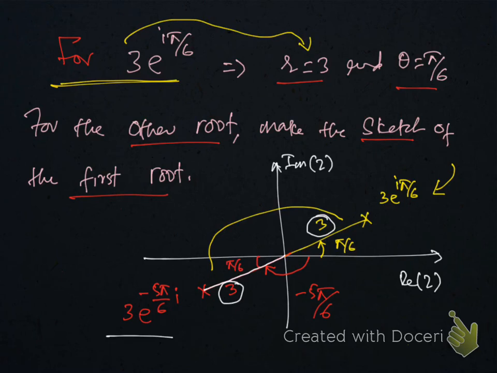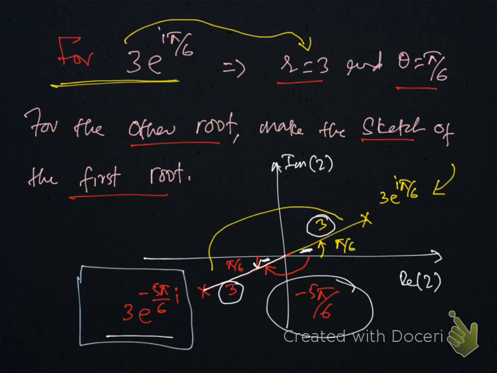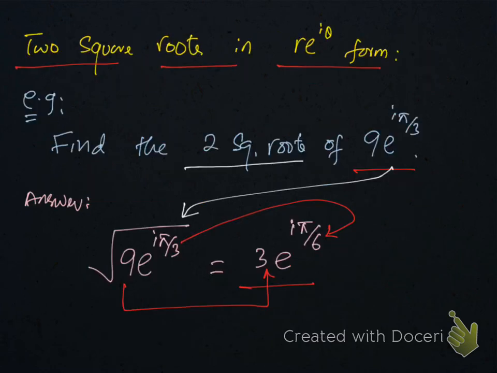And because of vertically opposite angles, since this is pi by 6, this must be pi by 6. And since the complex number is in the third quadrant, you need to work in the clockwise direction. Therefore, this should be the argument of this complex number. Hence, this is the second root. In fact, this is the first root and this is the second root, and they both are the answers for this complex number.